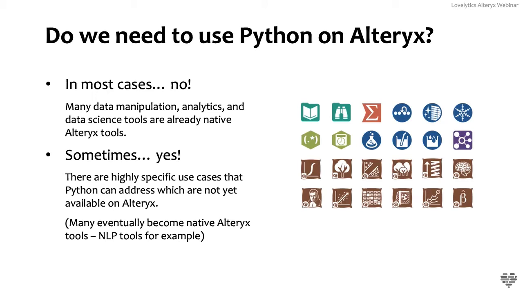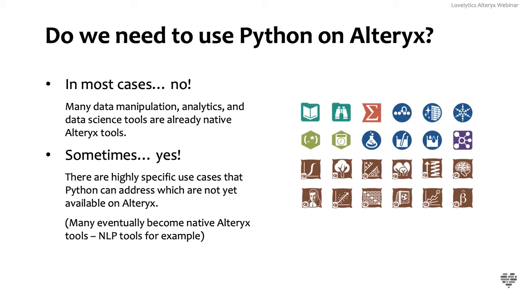But sometimes there are really specific use cases that Python can address, but that are not yet available in Alteryx. This is a good example of how Alteryx is steadily expanding its repertoire of tools, and that repertoire actually extends into what people previously used Python for. If you're familiar with natural language processing, that's text analysis for data using data science tools.